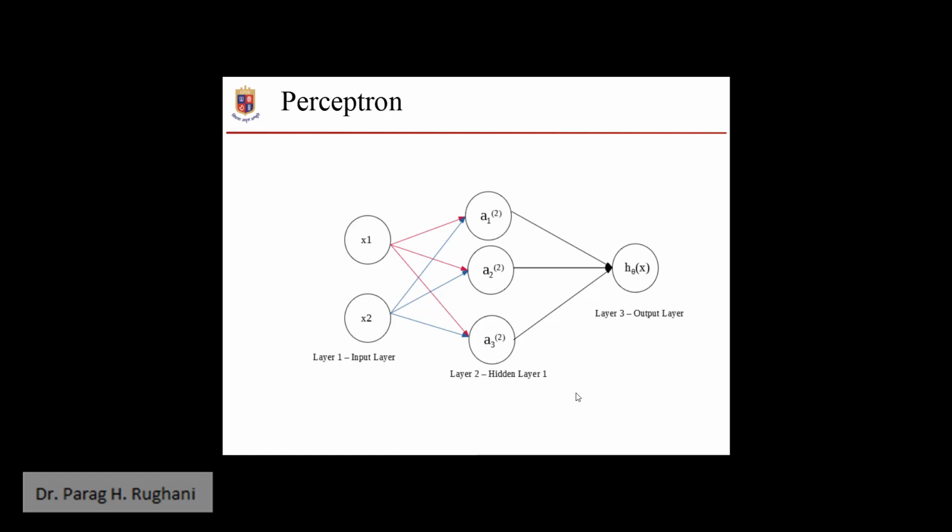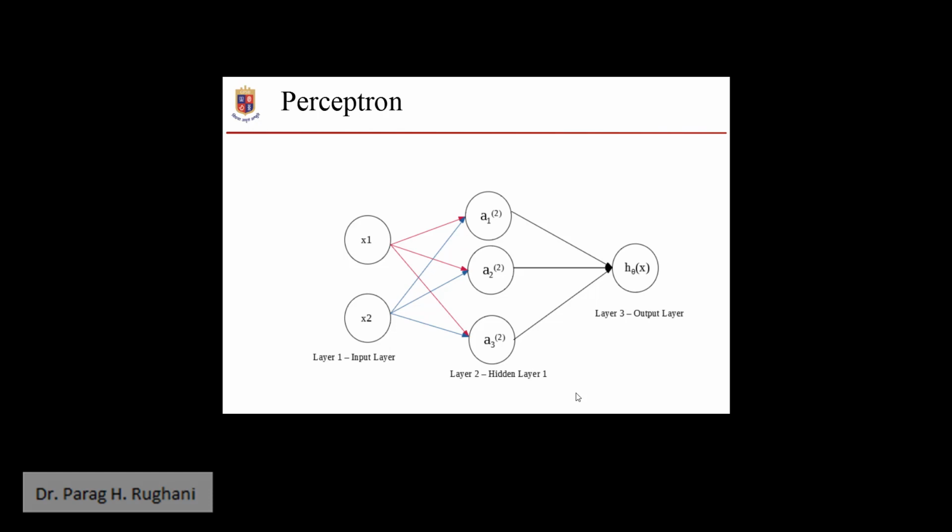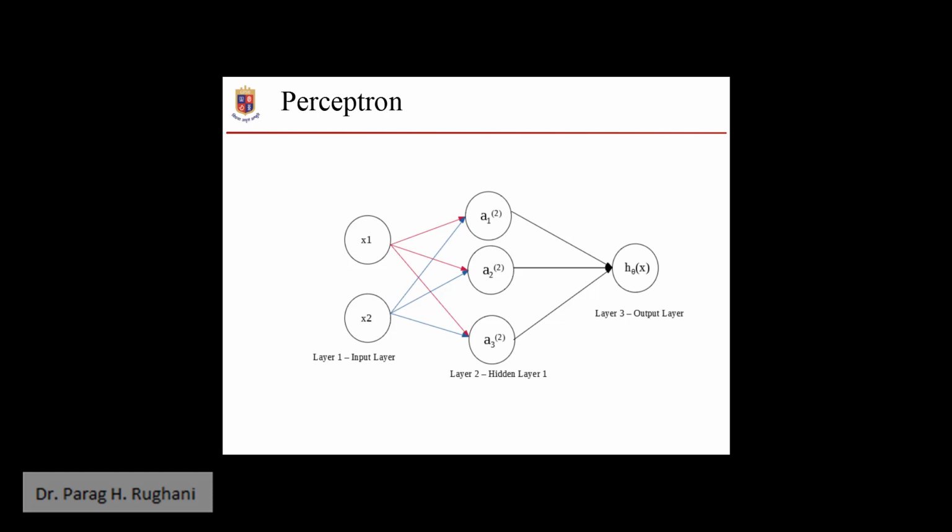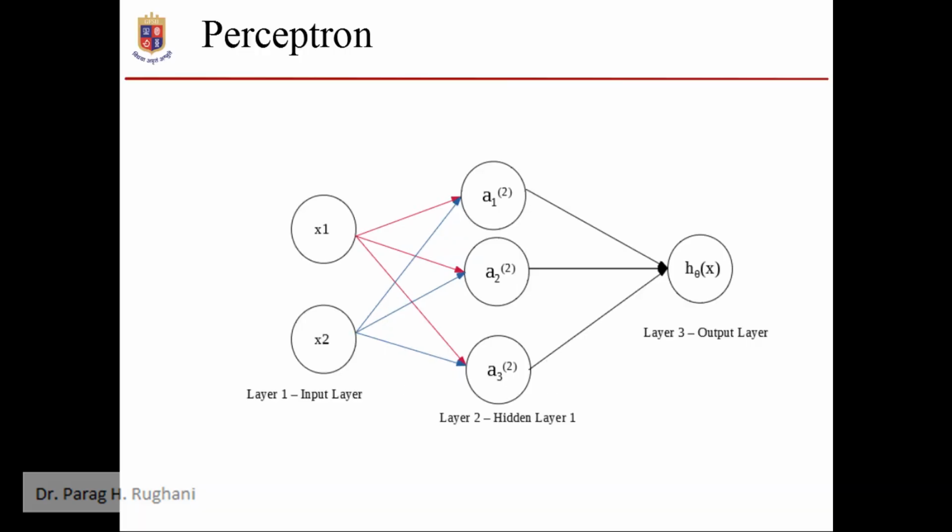We will see this practically now, as this diagram represents an artificial neural network having only one output layer, that is layer 3, h theta x. And since we are working on a binary classification, our requirement is to classify the tumor as malignant or benign.